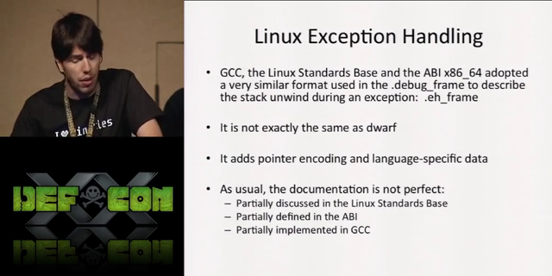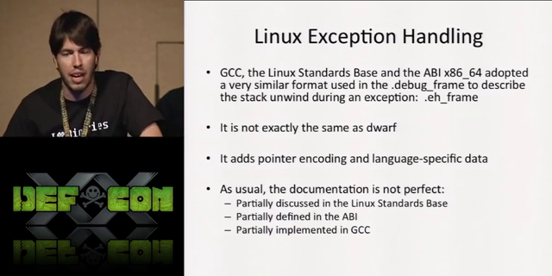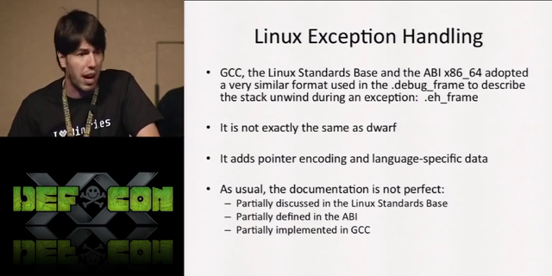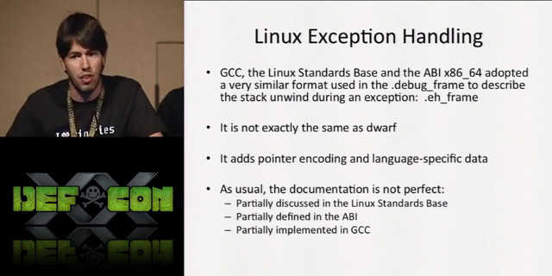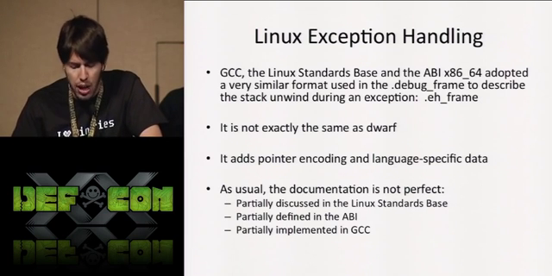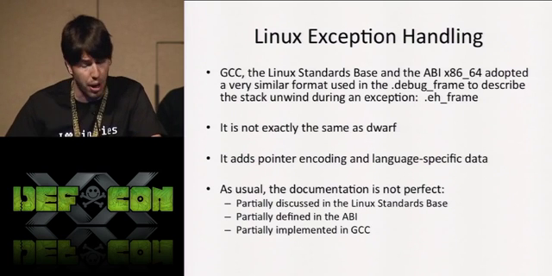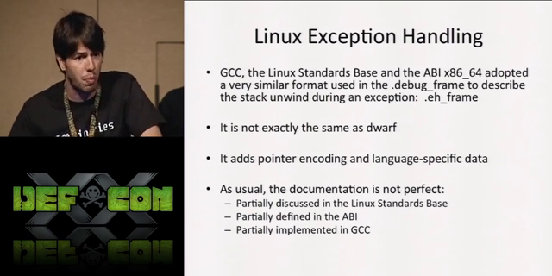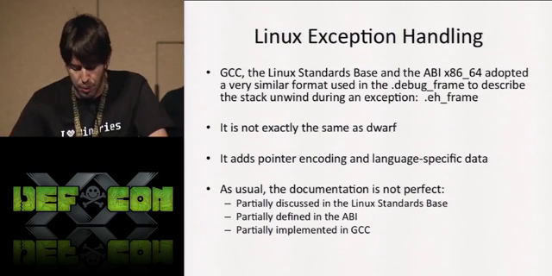The Linux exception handler is defined by three different documents. Basically, we have GCC itself, the implementation. We have the Linux Standard Base, which defines how this implementation is supposed to be, and the ABI itself. It's not exactly the same as DWARF because they added some pointer encoding and some language-specific data, which is the GCC except table header.